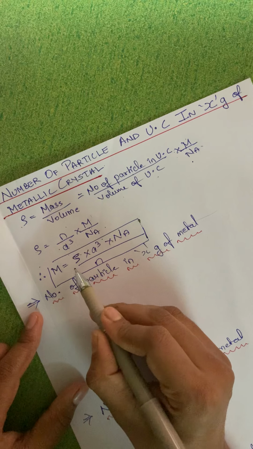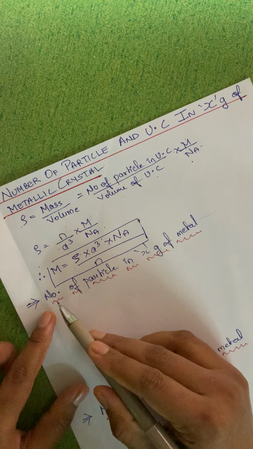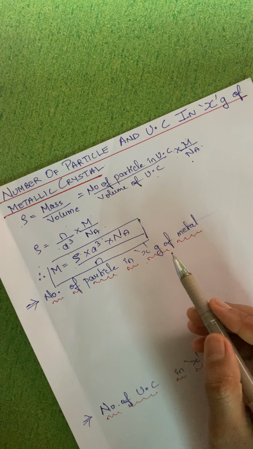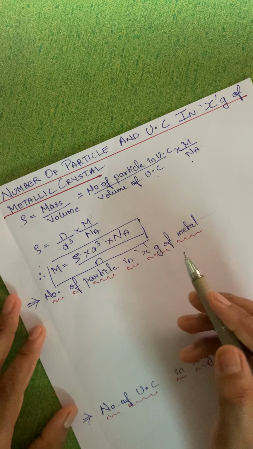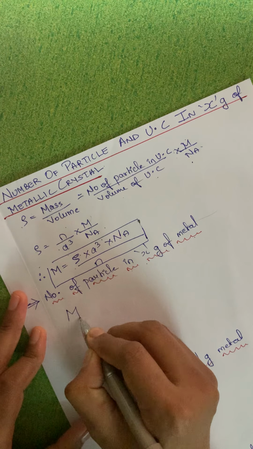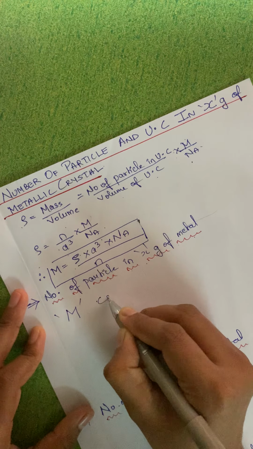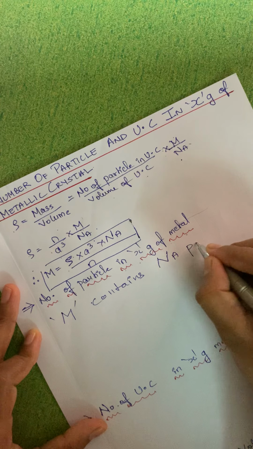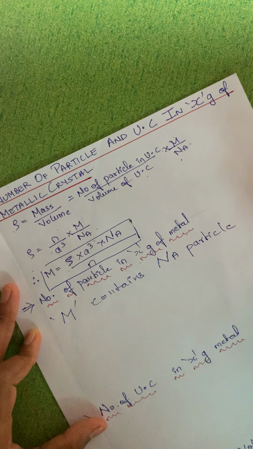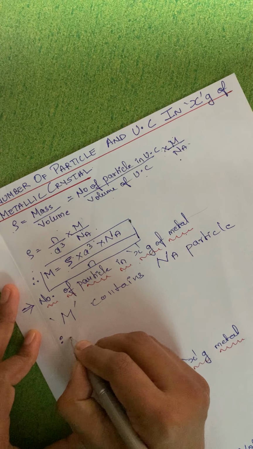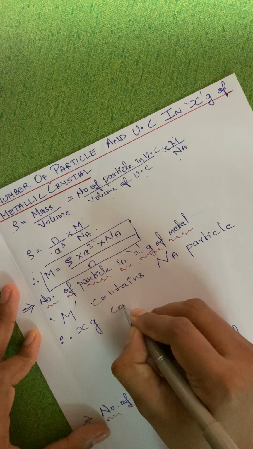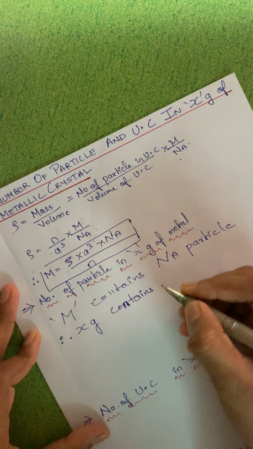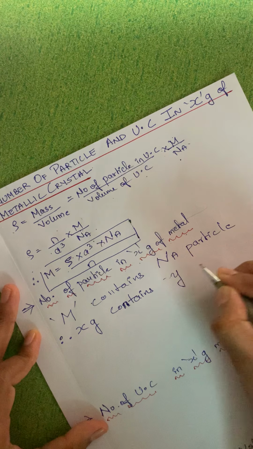Now once we get the value of this, we can find out the number of particles in X gram of metal. Okay. Now to find the number of particles in X gram of metal, let's start with: if the molar mass M contains Na particles, therefore X gram contains Y number of particles.